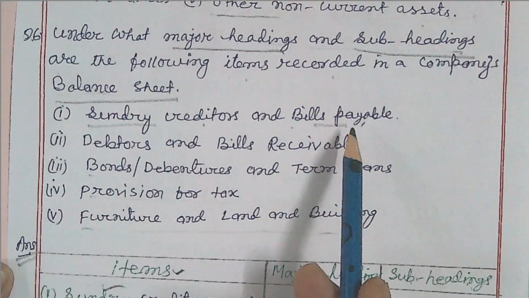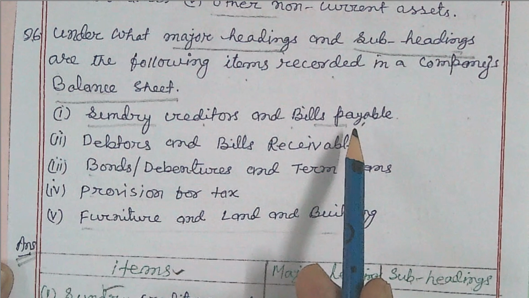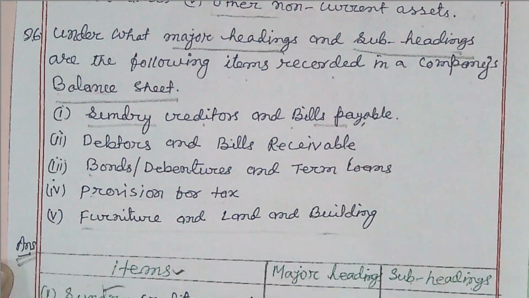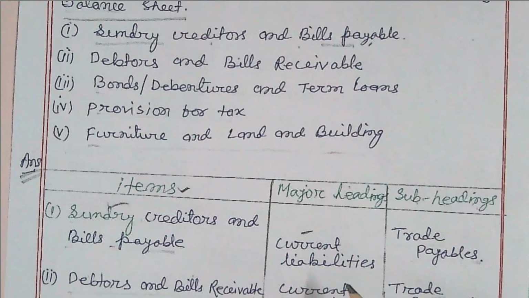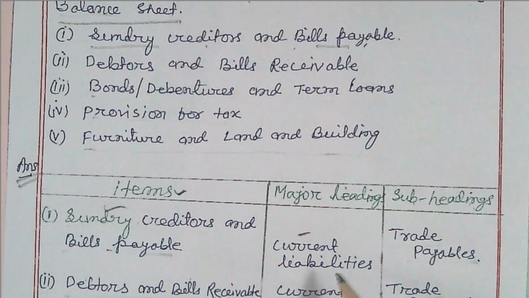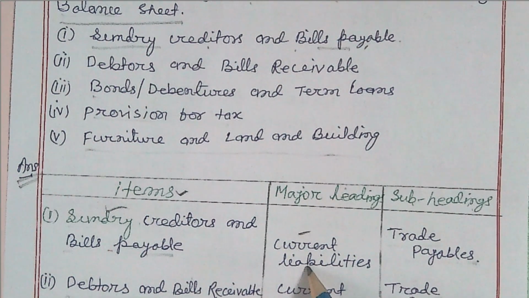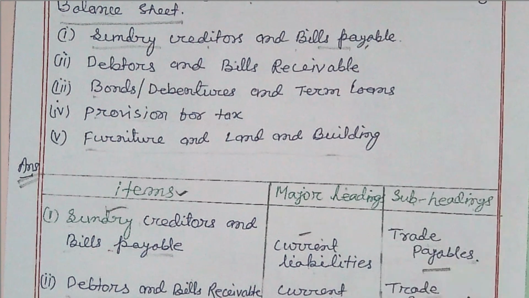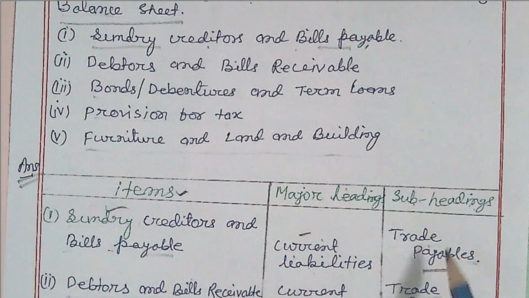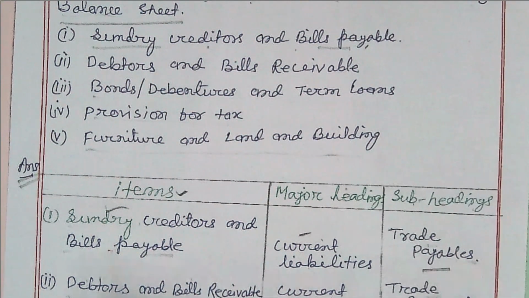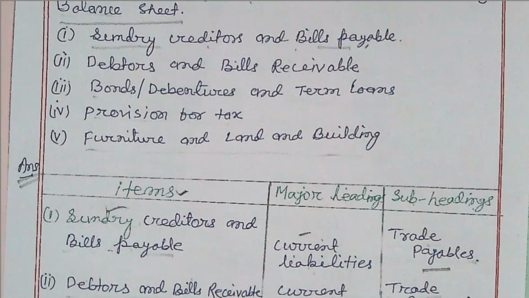The major heading is current liabilities, and it comes under the subhead trade payables. Or if the question is asked in a different way, give 2 examples of trade payables, then you write down these 2 answers.